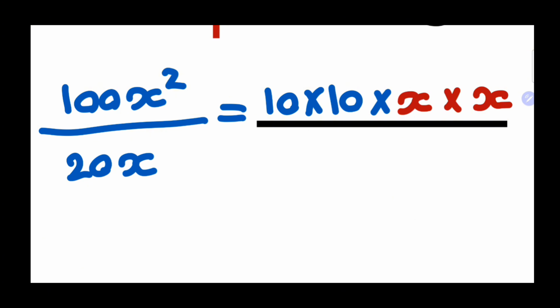All over 20x, which can be 10 multiplied by 2. 2 times 10 would give us 20 multiplied by x.